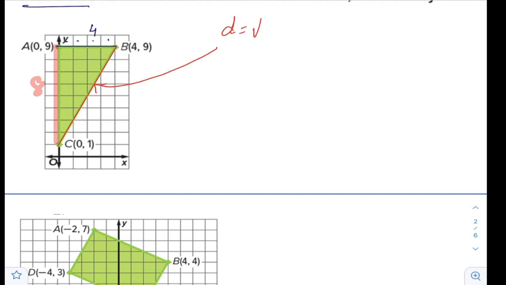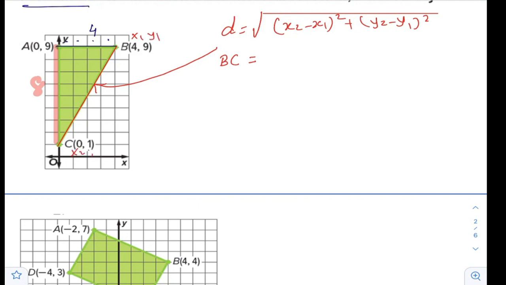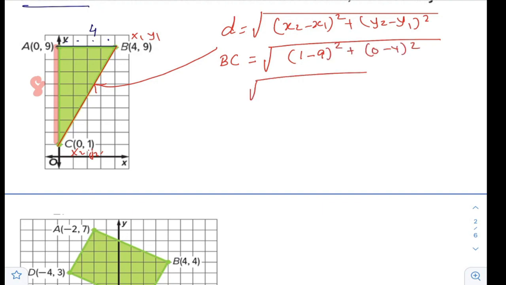Reminder, the distance formula is a square root of. I hope you all remember it. So we are finding now BC. So we can name this x1, y1, x2, y2, whatever, even the opposite is okay. So 1 minus 9 all squared plus 0 minus 4 all squared.